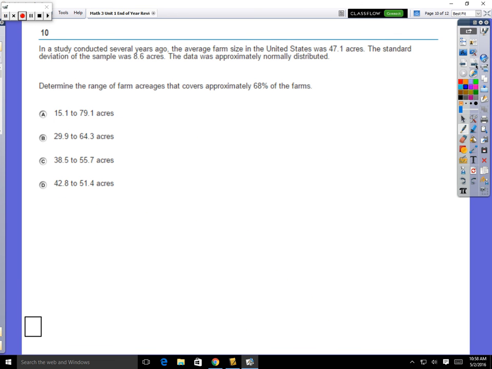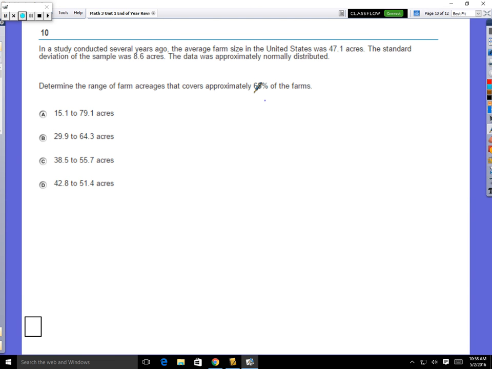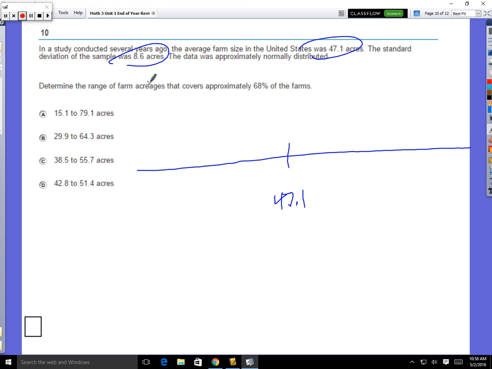Let's see what we got here. Okay, same thing. Study conducted. The average farm size was 47.1, so that's the mean, deviated by 8.6. Determine the range of farm acreages that covers 68% of the farms. So I need to go one above and one below, because that's 34% there and 34% there. That will capture 68% of the farms.